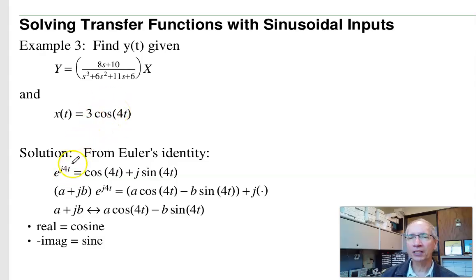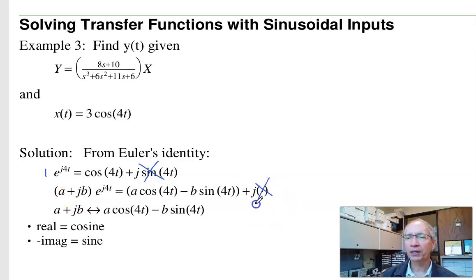From Euler's identity, e to the j4t has a real part and a complex part. If I just take the real part, then e to the j4t means cosine. So in phasors, 1 means cosine. If I multiply e to the j4t times a complex number, a plus jb, and take the real part, what I get is a times cosine, here's the j squared, minus b times sine, plus the cross terms j times something.